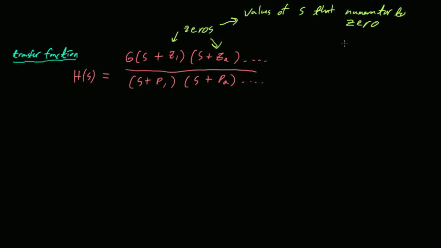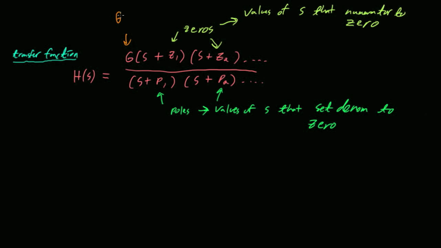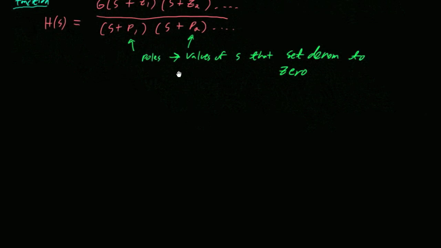And then likewise, your poles are values of s that set the denominator to 0. And then you've got a gain. So in terms of plotting the magnitude response, what does a pole do to your magnitude response?